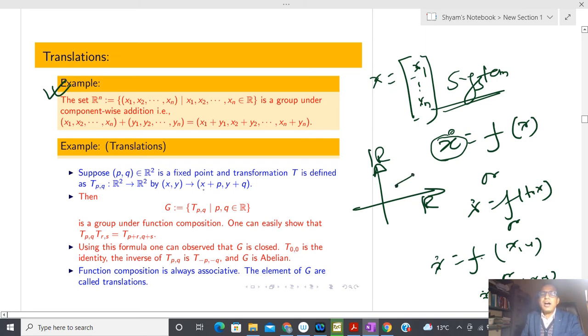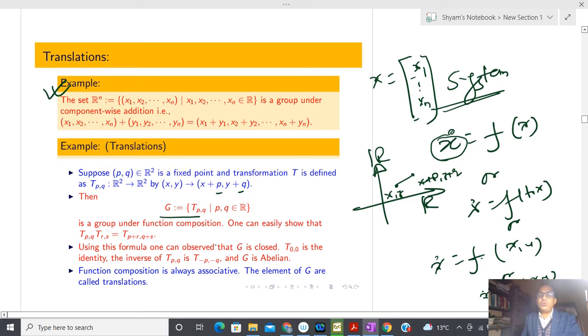So suppose that after translation, the coordinates x and y are going to change to x plus p and y plus q. So there is no same change in x and y, but a different change in x and y.